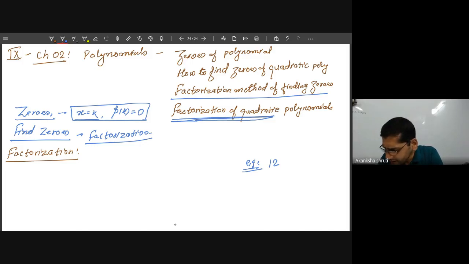Means the number which can divide the given number, that we call a factor of that number. You already know each number is divisible by 1. The quotient coming is 12. So 1 is a factor.